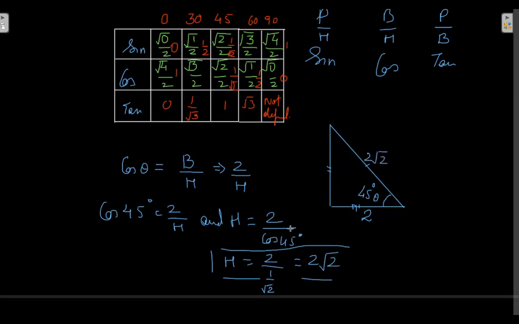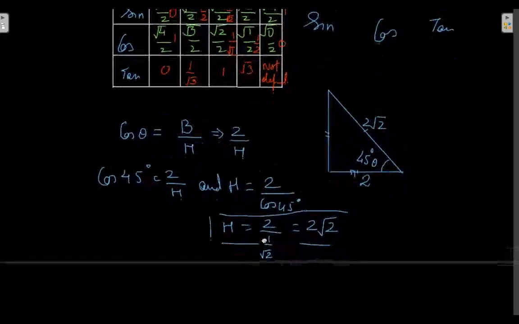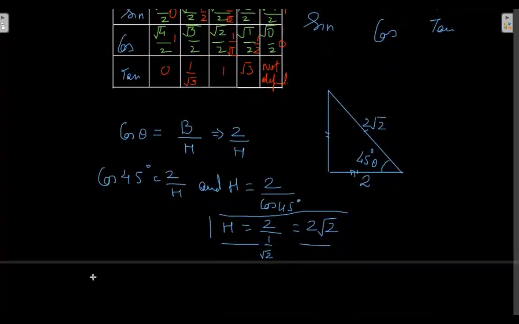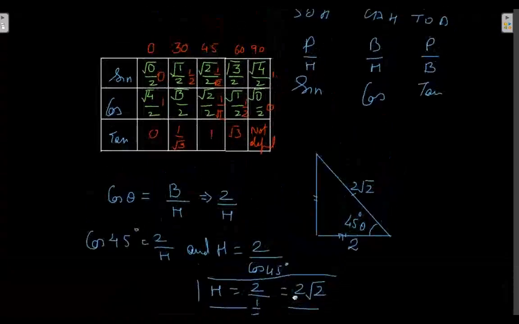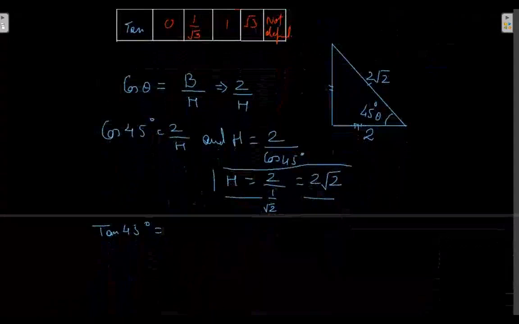Now how do you find the perpendicular? To find the perpendicular, we will use tangent, because base is given to us and perpendicular we have to find. We can also find the perpendicular using sine, but we'll use the tangent. Tangent of 45 is equal to perpendicular over base, right?